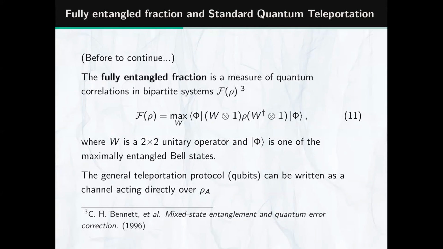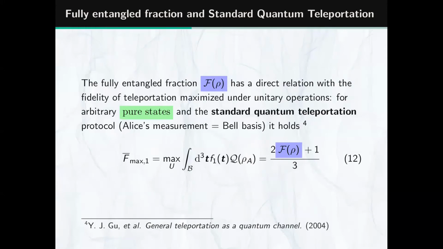Well, okay. Then the general teleportation protocol, I mean the standard quantum teleportation protocol, depends on this quantity. How? As follows. Here we have the score, the maximization of the average fidelity over pure states.